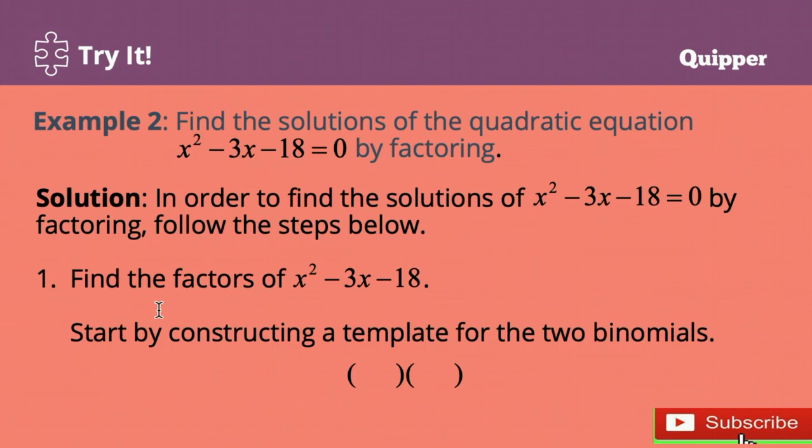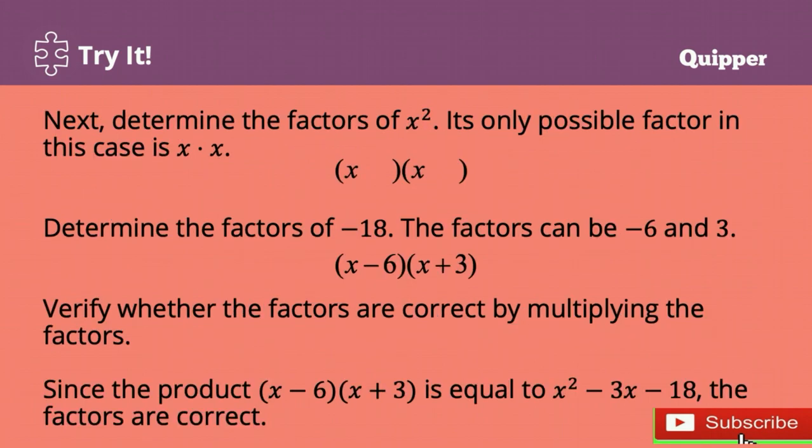First, find the factors of the quadratic expression x squared minus 3x minus 18. Start by constructing a template for the two binomials. Then we are going to factor the first term. The factors of x squared is x times x.